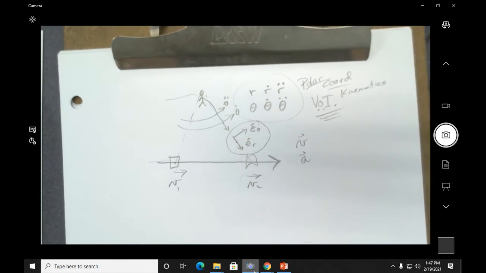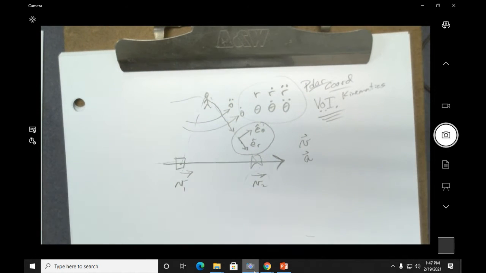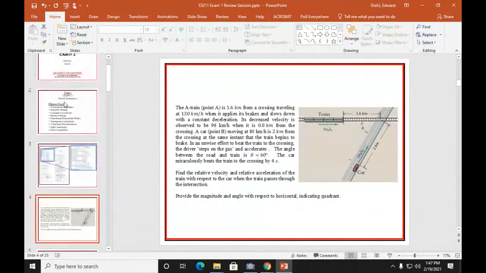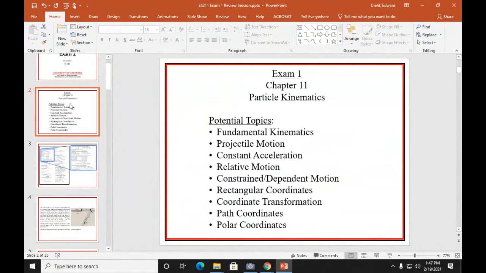So we have requests for other problems. You can either have a specific problem or a general type of problem. Remember, these are the topics. Something with coordinate transformation, absolutely. The only way to get better at coordinate transformation, by the way, is to practice doing coordinate transformation. So you have to have a little bit of frustration, but then overcome the frustration.